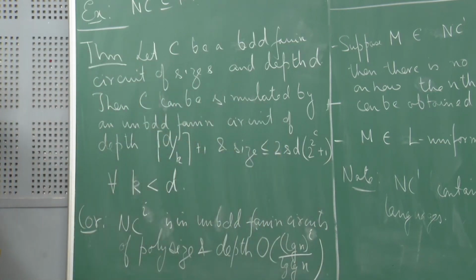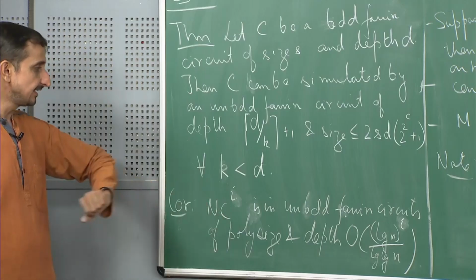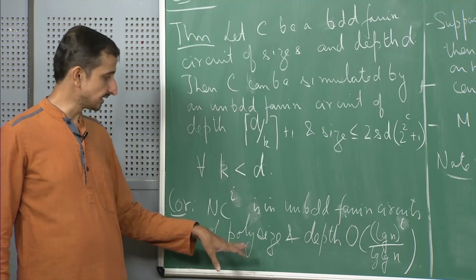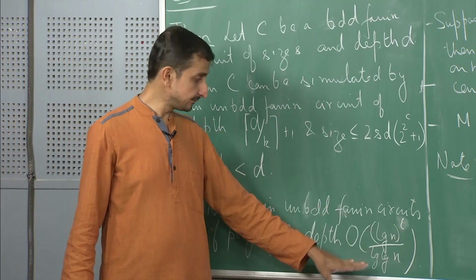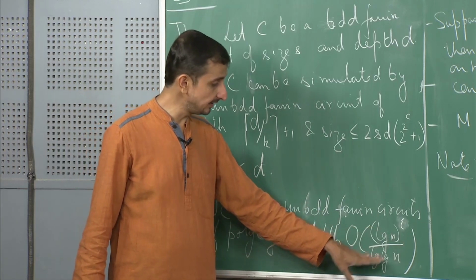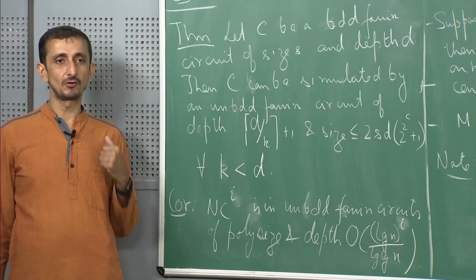Essentially, we know that NC^k can be done in unbounded fan-in circuits of polynomial size and depth (log n)^k. But I can actually do it in (log n)^k divided by log n. I can reduce the depth by a factor of log n.